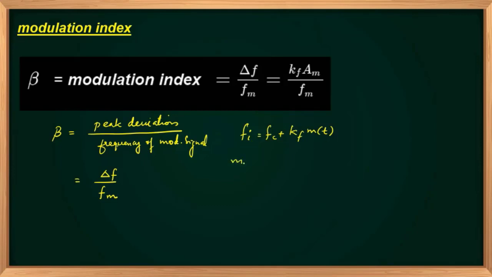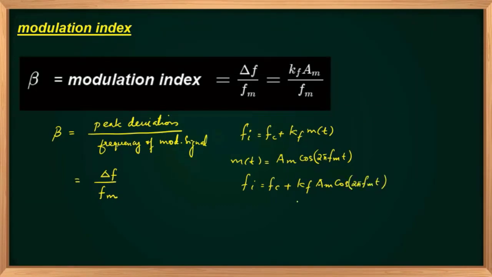If you consider single tone modulation, that is, m of t equal to Am cos 2 pi fm t, a single tone frequency, then fi equals fc plus kf into Am into cos 2 pi fm t, right?